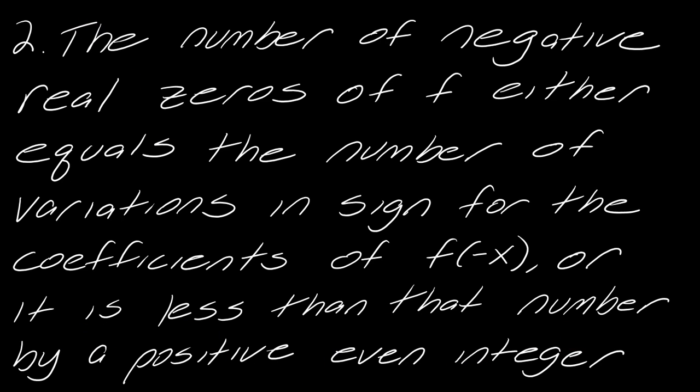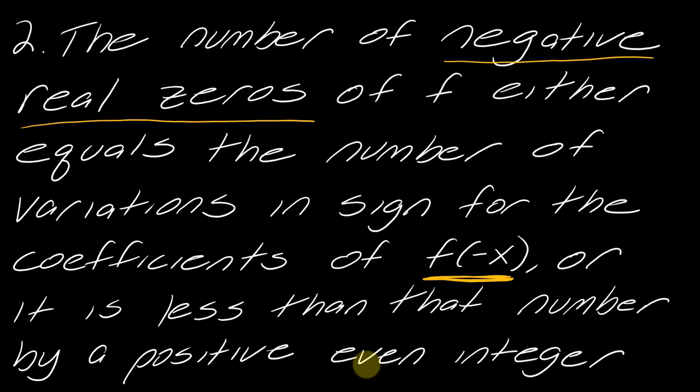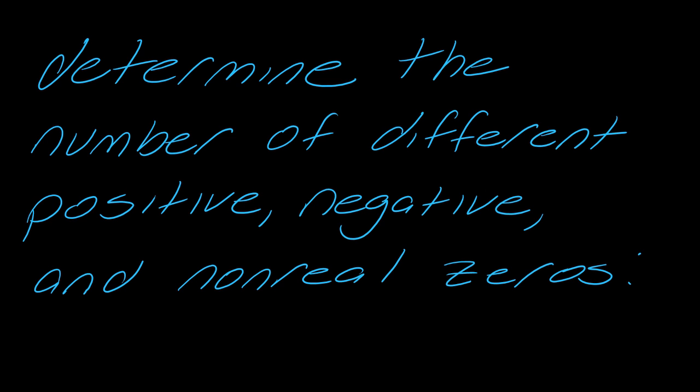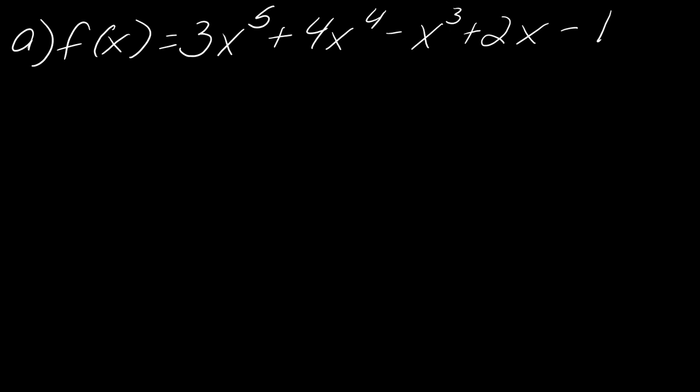Now we're talking about negative numbers that make the polynomial equal 0, and the test for that is f of negative x. Once again, the last part is talking about different combinations. That's kind of tricky, so I'll show you how to interpret that. We're going to determine the number of different positive, negative, and non-real zeros with the following examples.